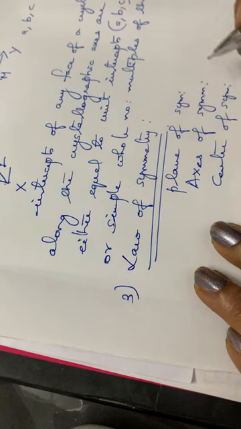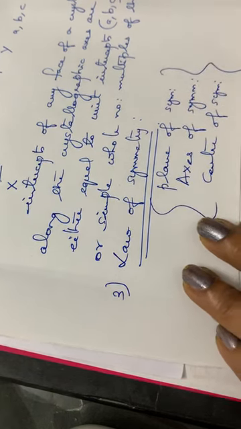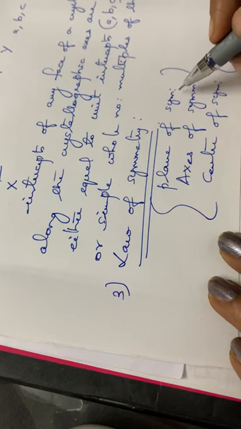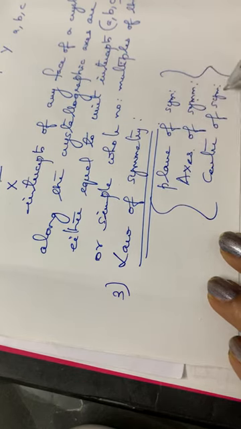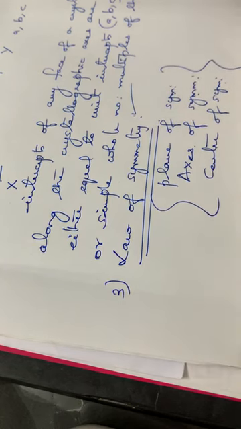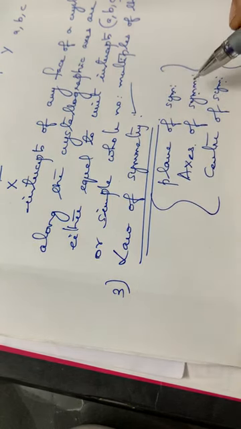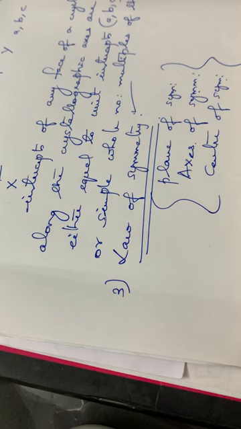So the definitions of these three, the plane of symmetry, axis of symmetry and center of symmetry, give the laws of symmetry. You have to go through the definitions for these three.